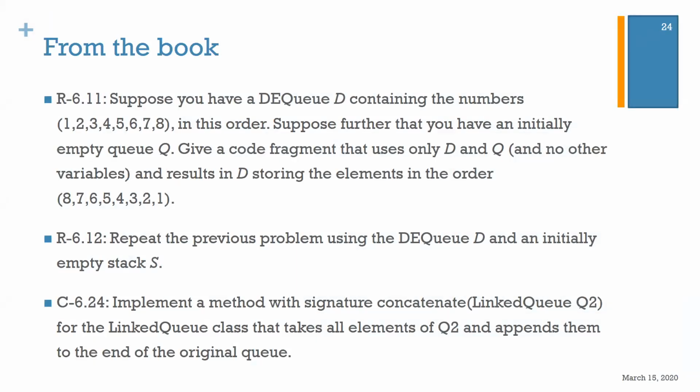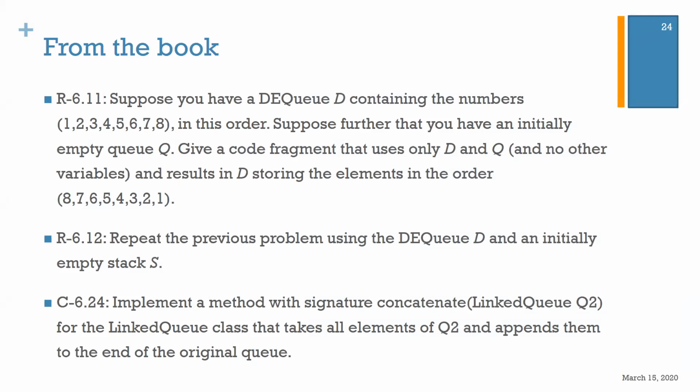A practice from the book, we have a set of practices. The first practice: suppose you have a double-ended queue D containing the numbers 1, 2, 3, 4, 5, 6, 7, 8 in this order. Suppose also that you have an initially empty queue.